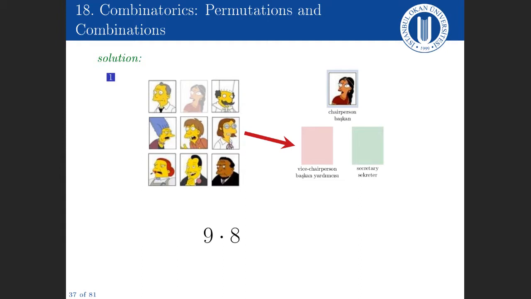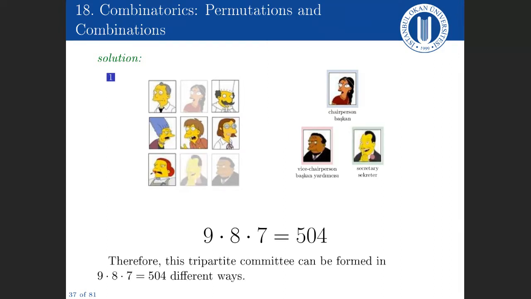There's 8 people left to choose the vice chairperson. And finally, we choose the secretary. When we choose the secretary, we have 7 different choices. Multiply these numbers together, 9 multiplied by 8 multiplied by 7. There are 504 different ways to choose a committee with a chairperson, a vice chairperson, and a secretary.